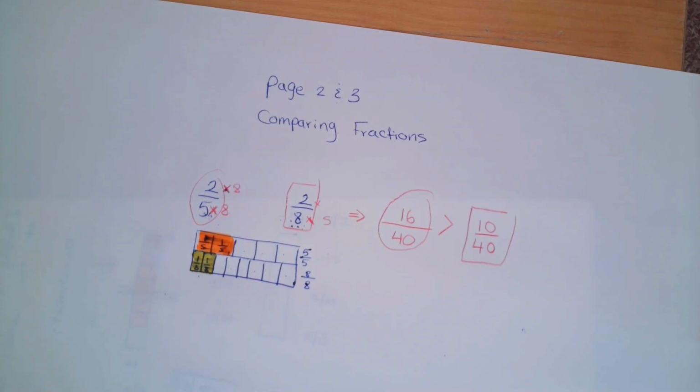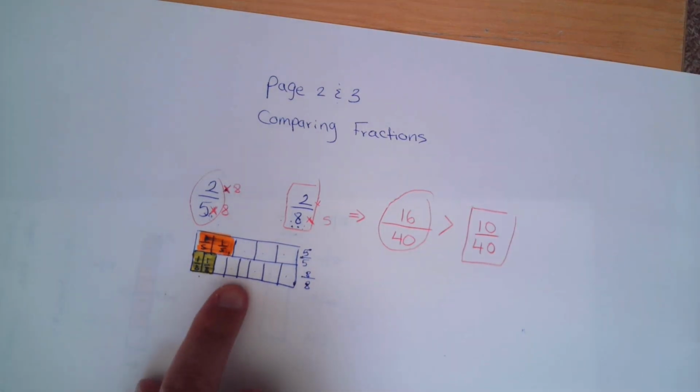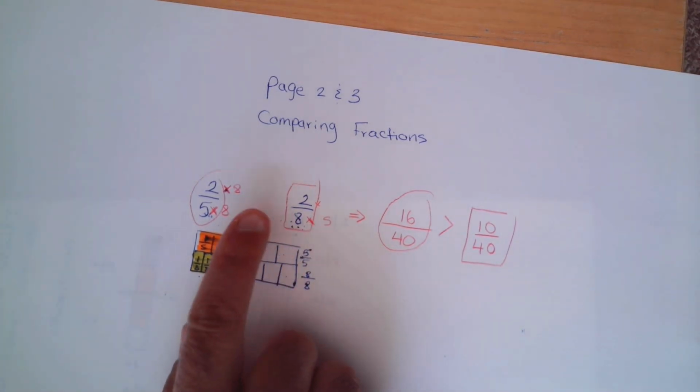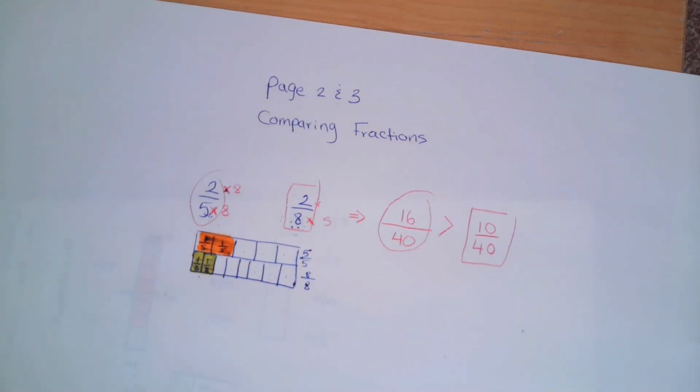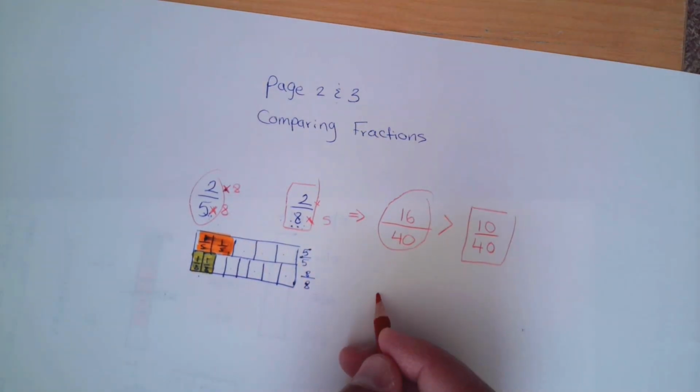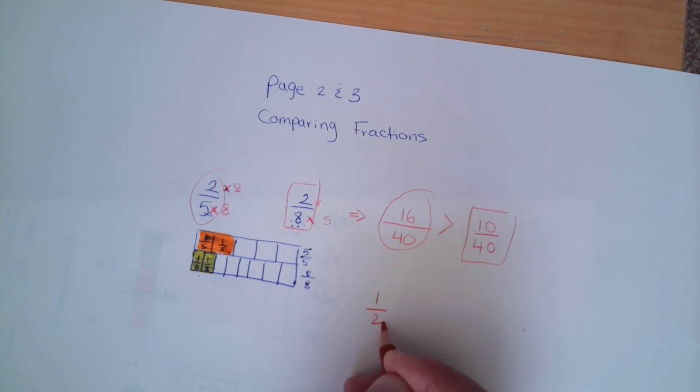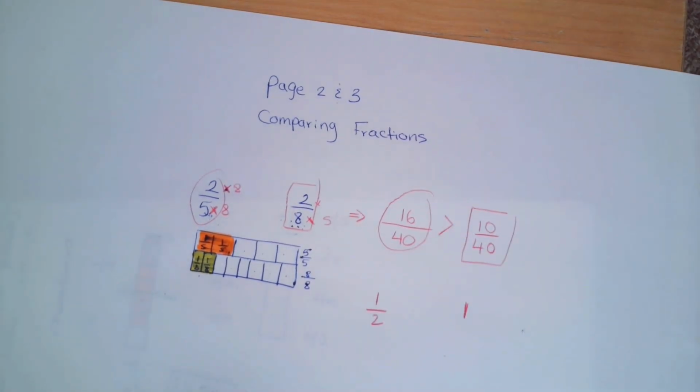I hope this video is helpful and a good refresher to your memory. Remember to use a model or make the two fractions with the same denominator, or you can use the benchmarks, the half and the whole benchmark.